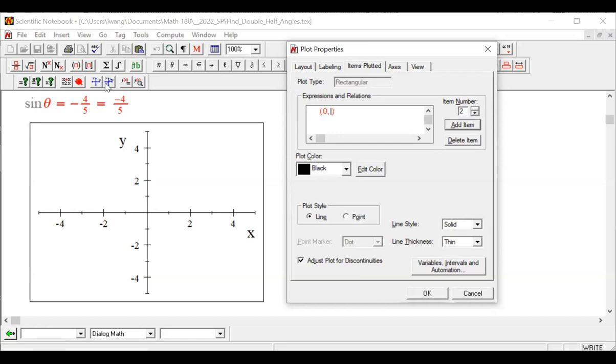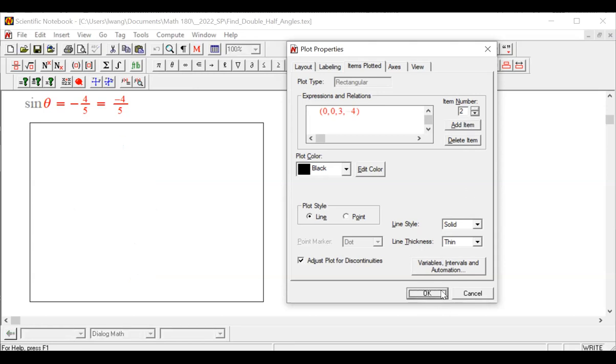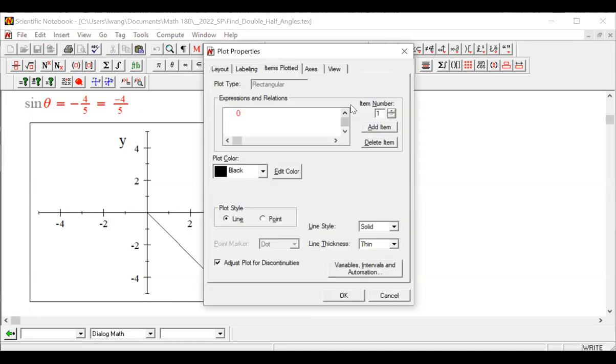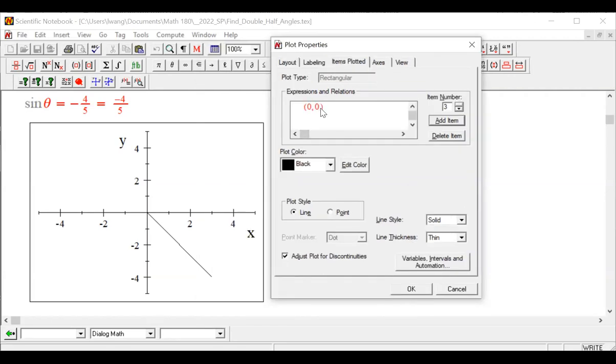We know that y is -4, and x is 3, because x is positive on the fourth quadrant. So we get the terminal, and we're also going to get the red and the blue.